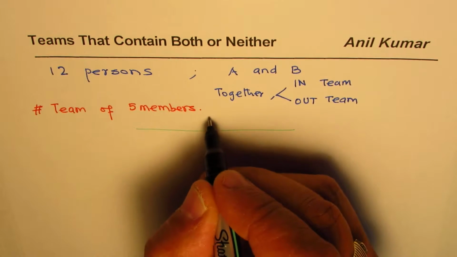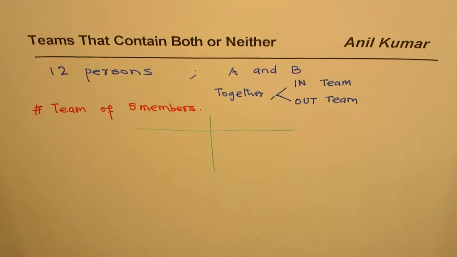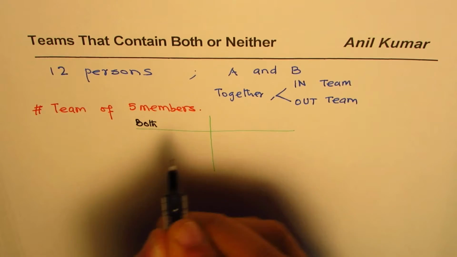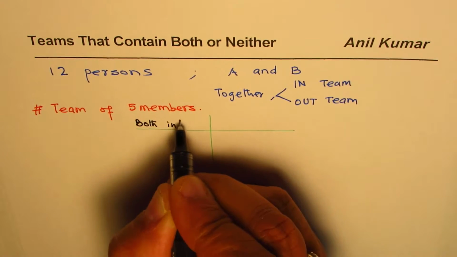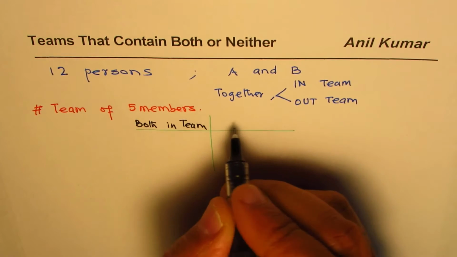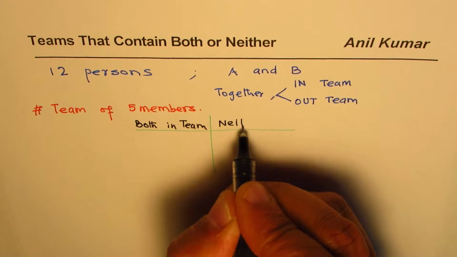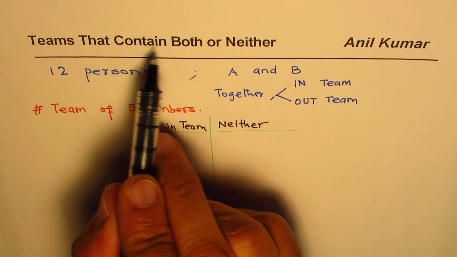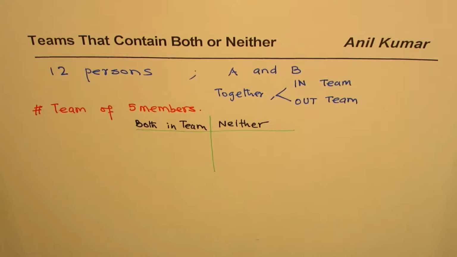The possibilities are that both could be in the team, or neither in the team. That's how we get our topic, which is teams that contain both or neither.